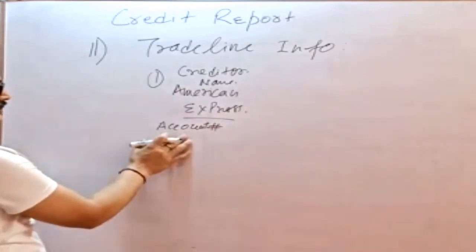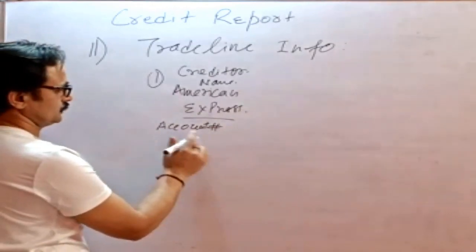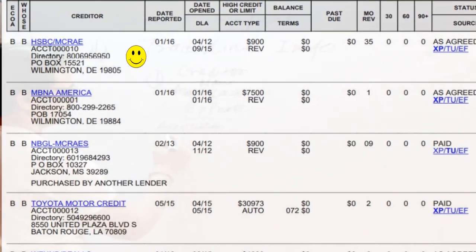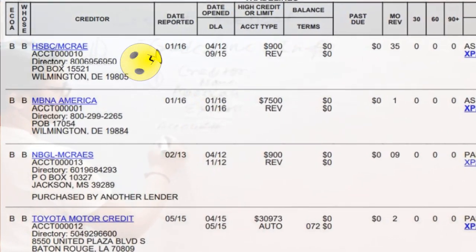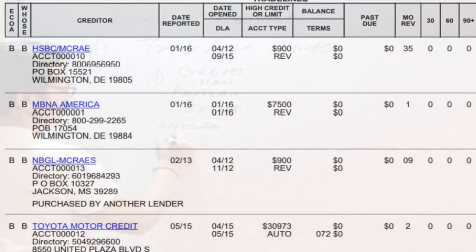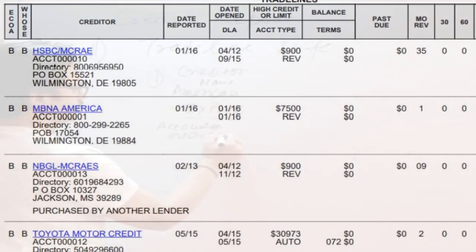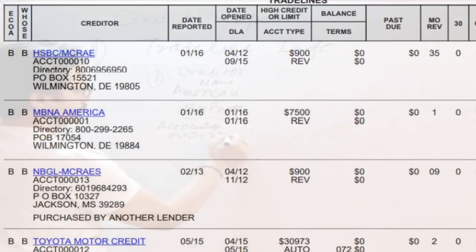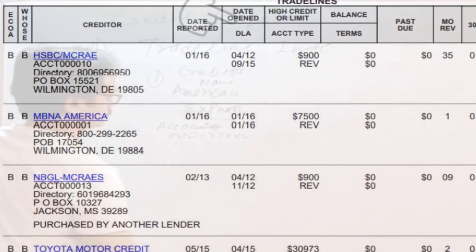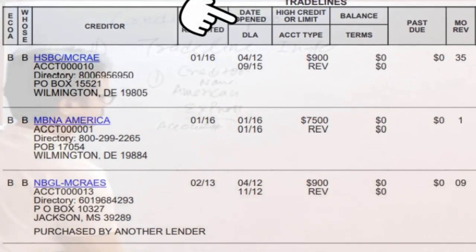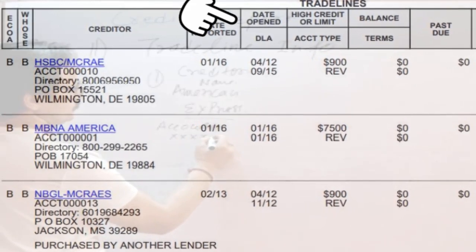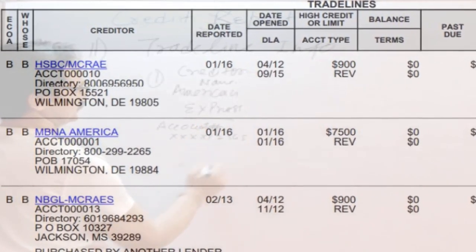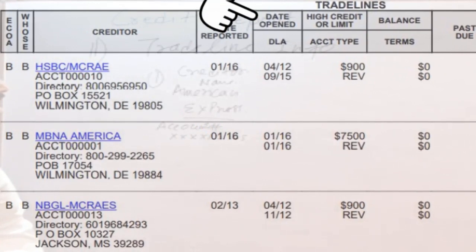But let's say it's account number, so the credit card account number will be written. Sometimes it could be written partially, like 0000123 and then XXX, or mostly like XXXXX and then 1 2 3 4 5. The last 4 or 5 digits will be given to us.